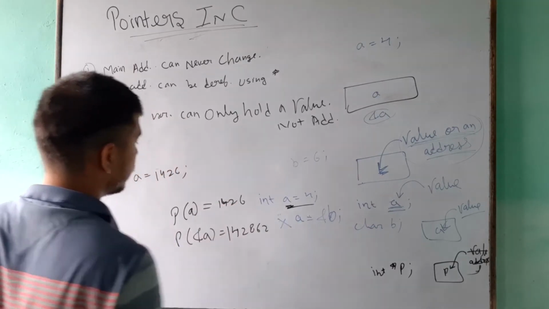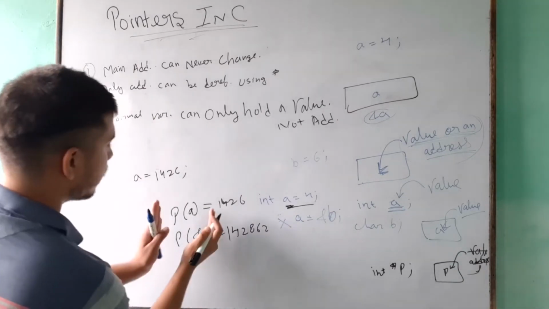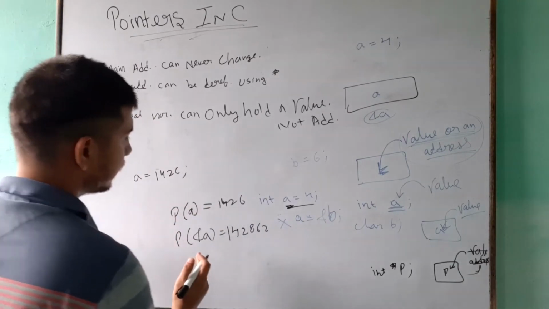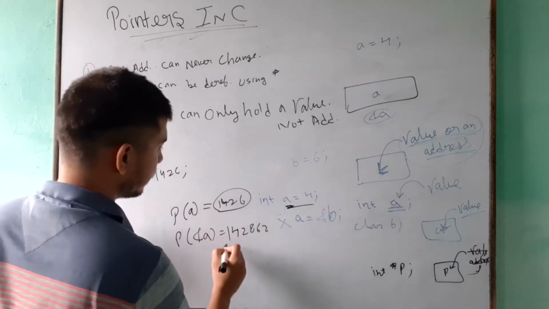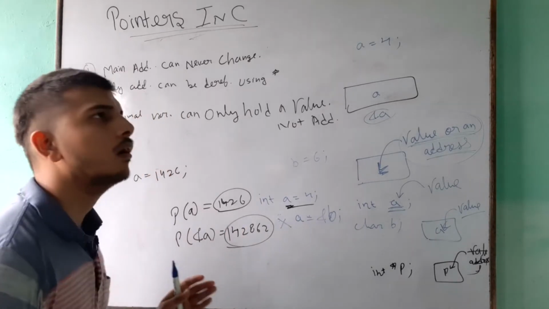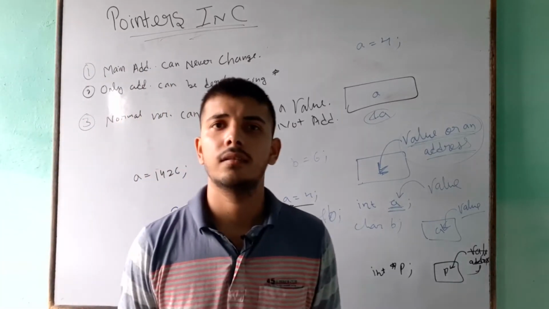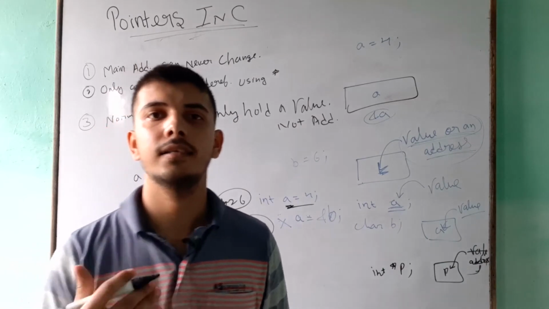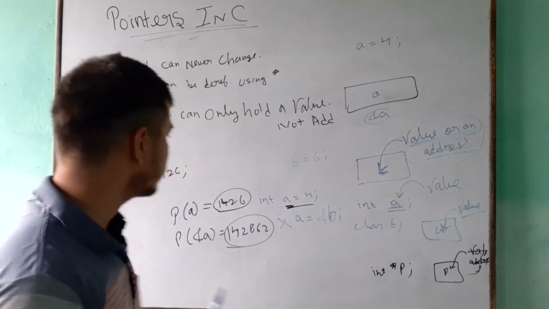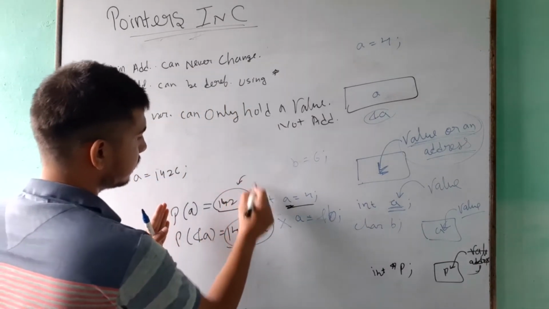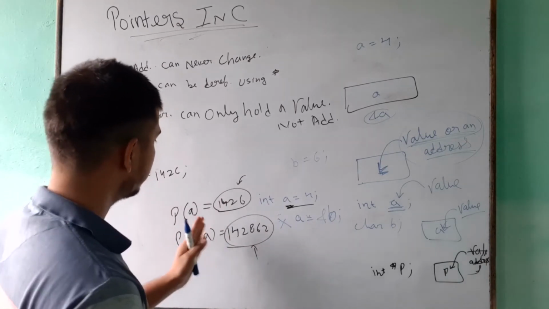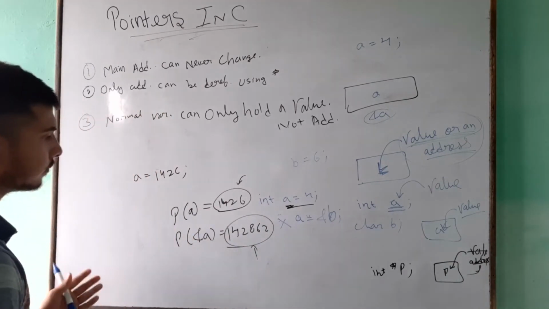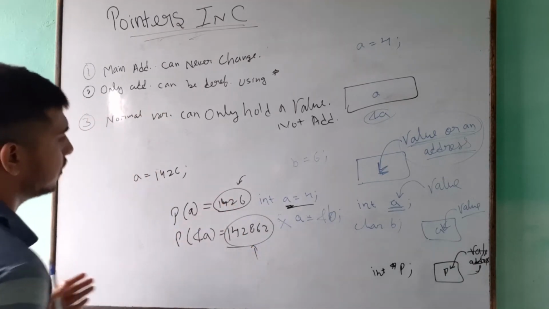Forget about what is written in the left part, just see what is here. Both are numbers. So how can you tell that this is an address and this is an integer, when both are integers?